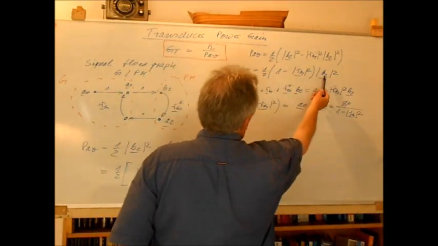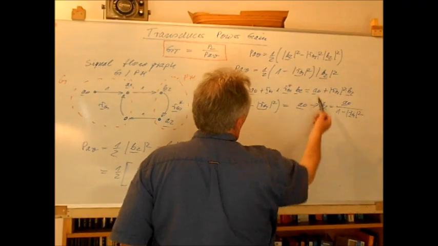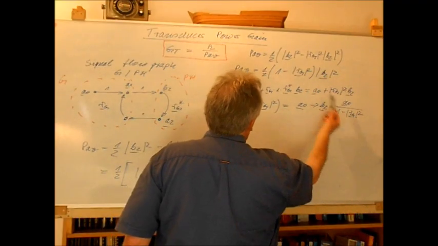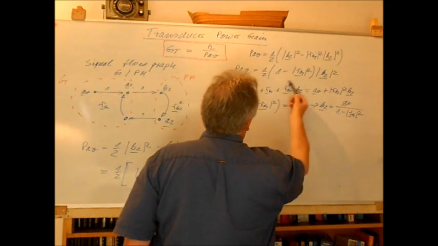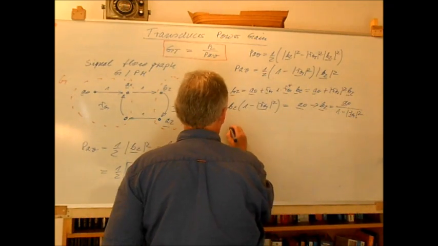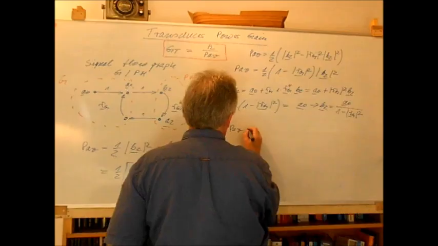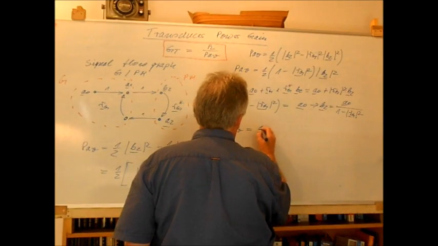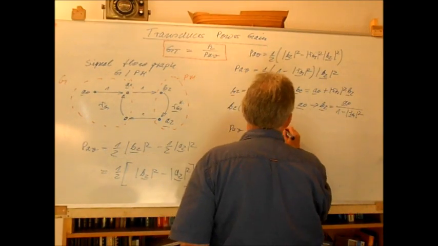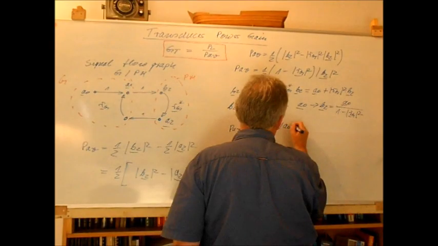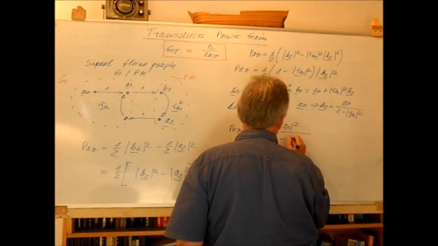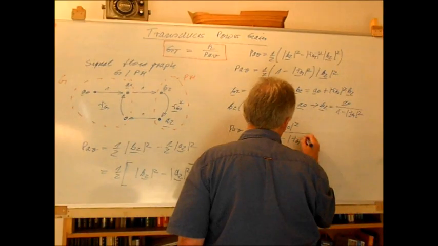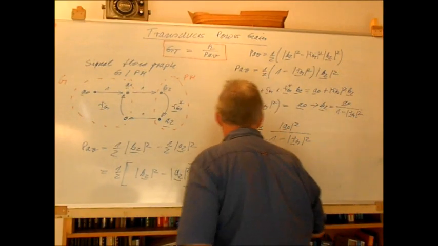Of course, you see here we have to insert B2 absolute value square. So here will occur the square and this will cancel against this. So we will get for the available power, it's 1/2 A naught absolute value square divided by 1 minus RG absolute value square.